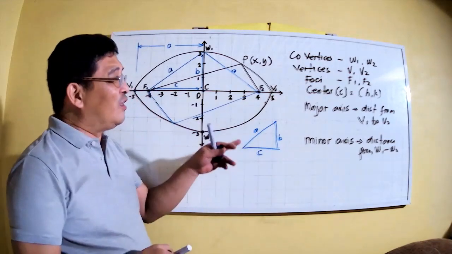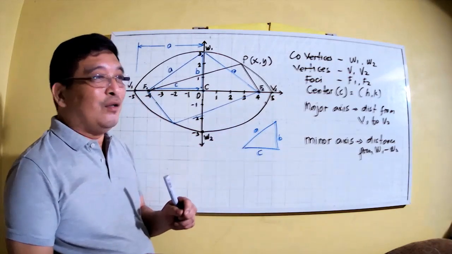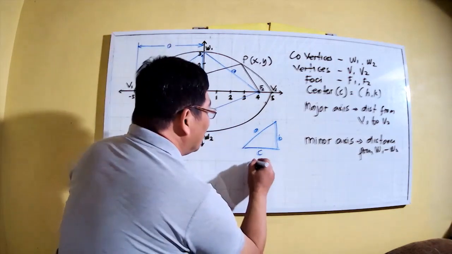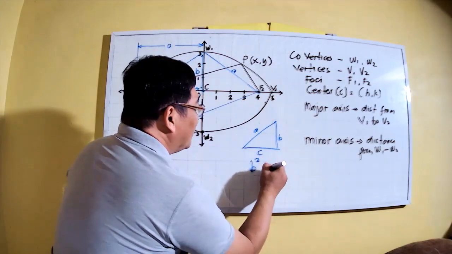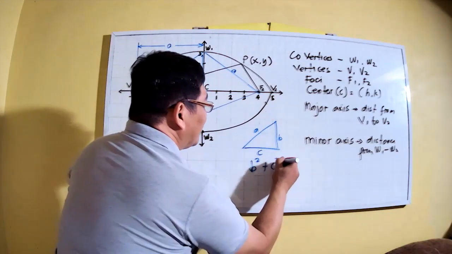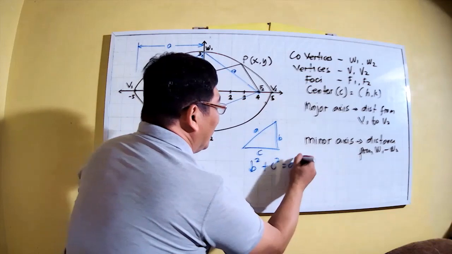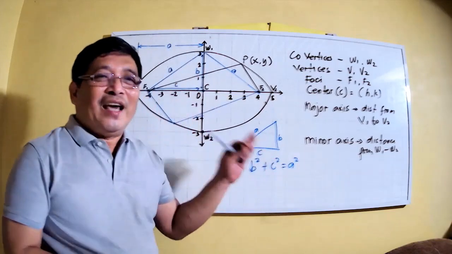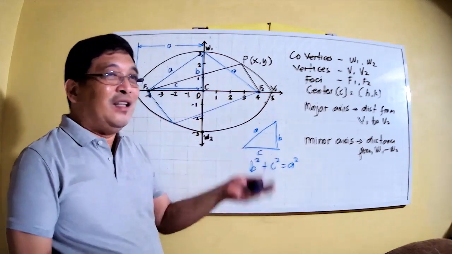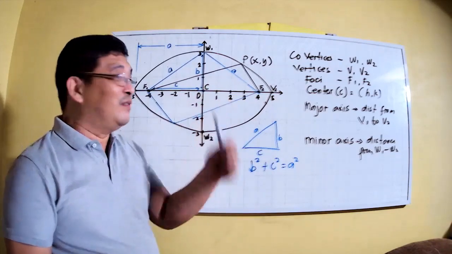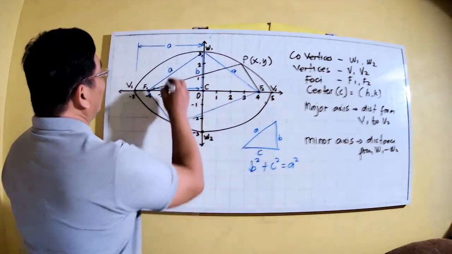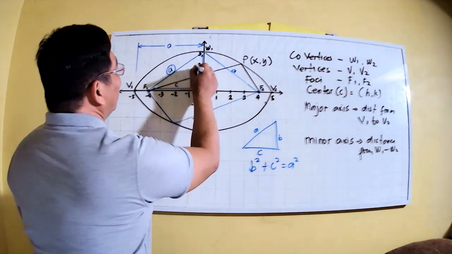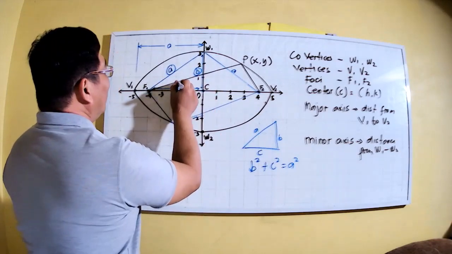Since the longest one is A, we're going to have B squared plus C squared is equals to A squared. Being A is the longest in this lesson. Ellipse. So here it is, A, B, and C.